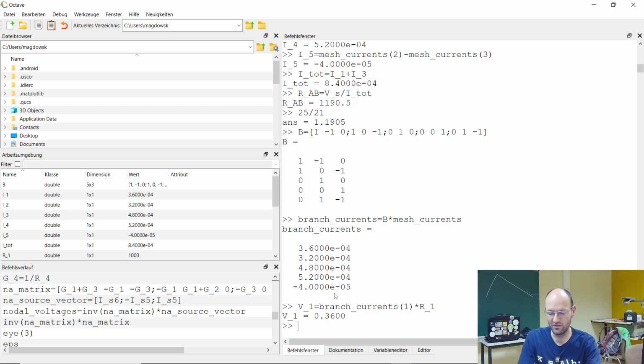The easier way would be to say, if we want to have the branch voltages, we take a diagonal matrix that consists of all the resistors that we have. At this time you see it would have been a good idea to also write all the resistors just in one vector or in one matrix. And multiply this with the branch currents.